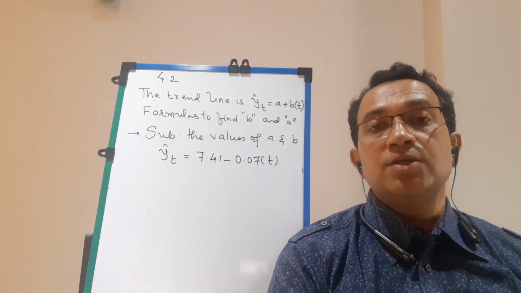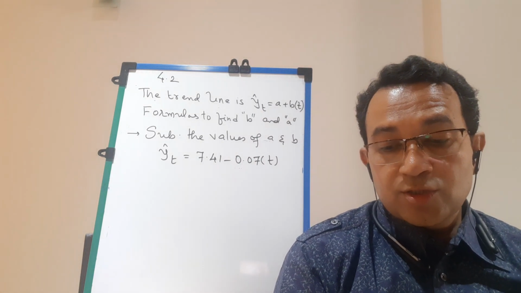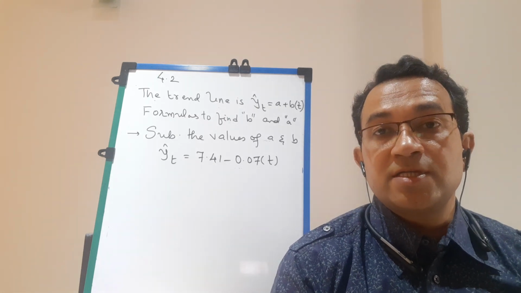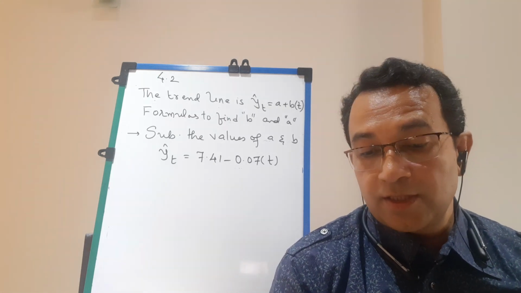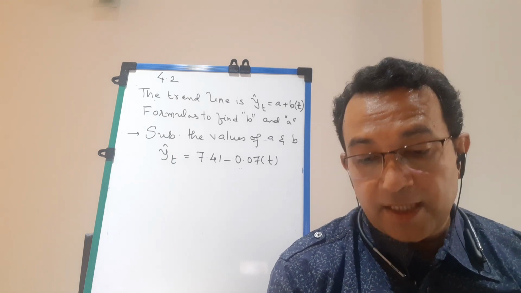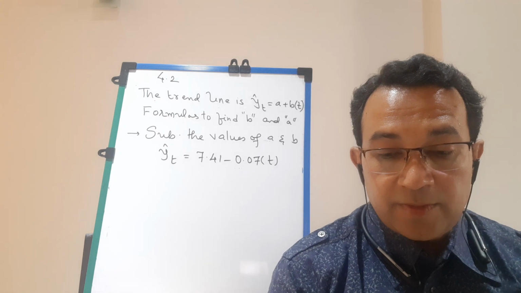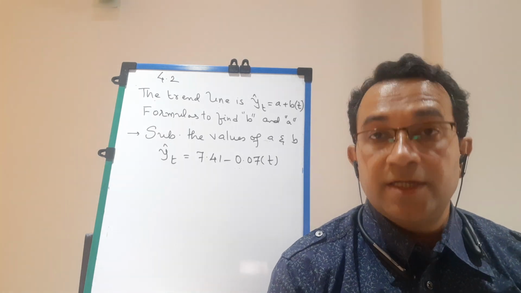Now students, 2015 is 7, so 2016 will be t equal to 8, and 2017 will be t equal to 9. We are told to find the estimate for the year 2017.